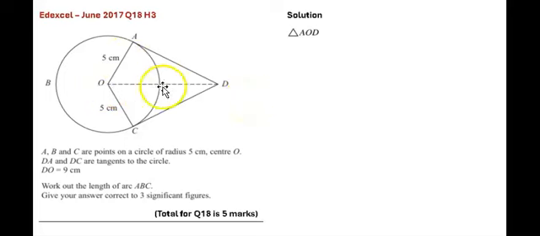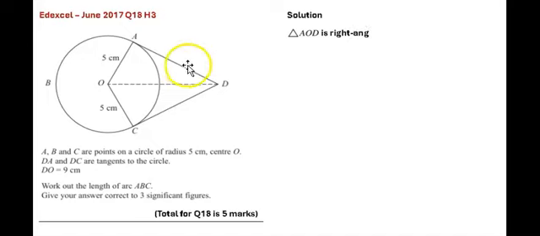One is 5 and one is 9. And we also know that the angle in A is a right angle. So therefore, the triangle is a right angle triangle.